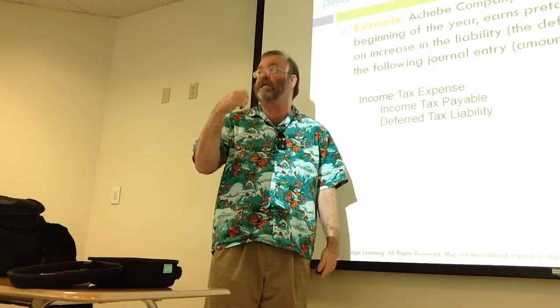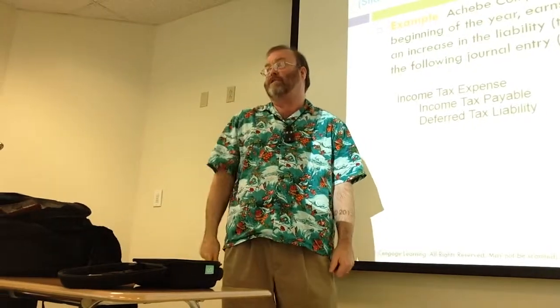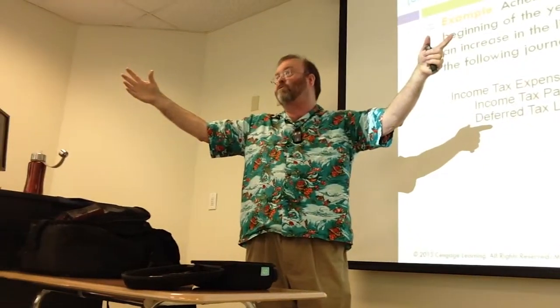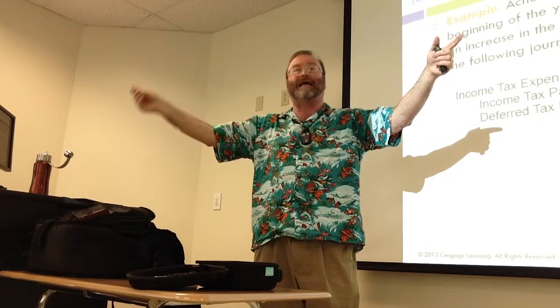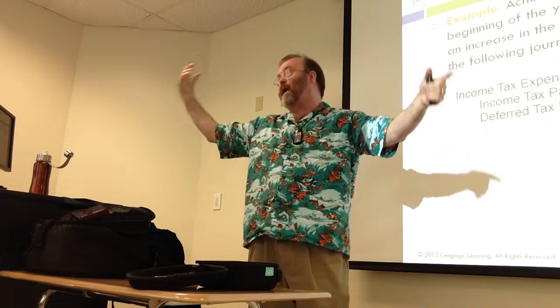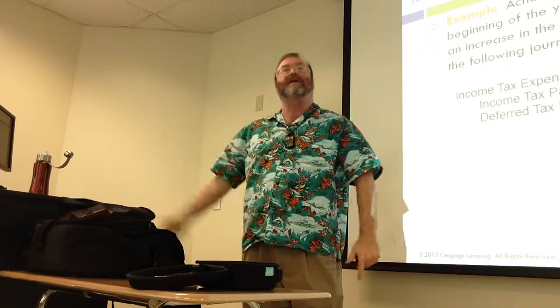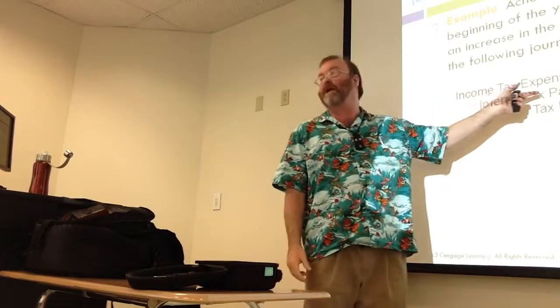How much do we actually need to pay the IRS? So you take pre-tax income, do whatever adds and subtracts that you need to do to come up with taxable income. Multiply that by the statutory tax rates, and that gives us income taxes payable.